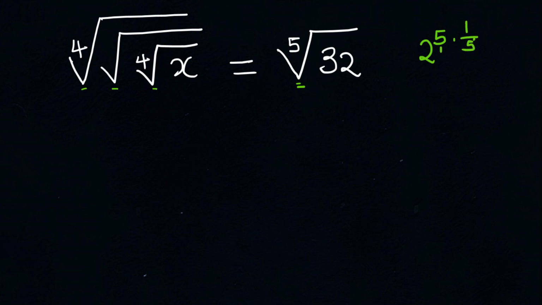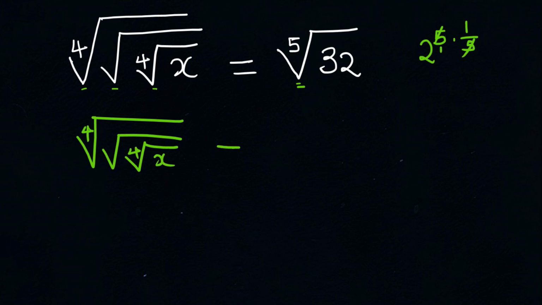So this is over 1, 5 and 5 will cancel each other, and then you are going to be left with 2 to the power of 1, which is basically 2. So let me rewrite the simplified version. So this is the fourth root of the square root of the fourth root of x is equal to 2.